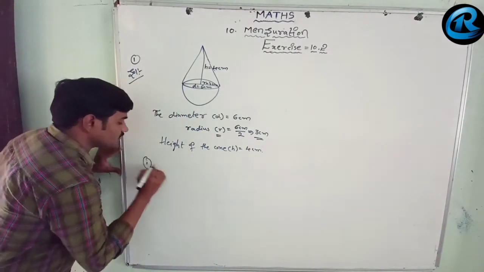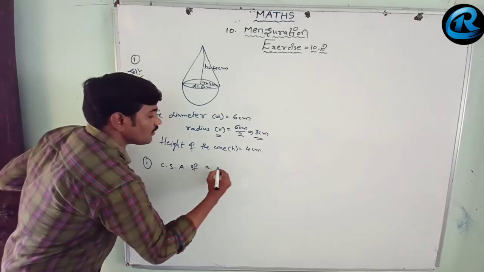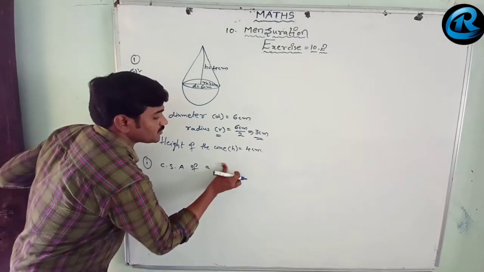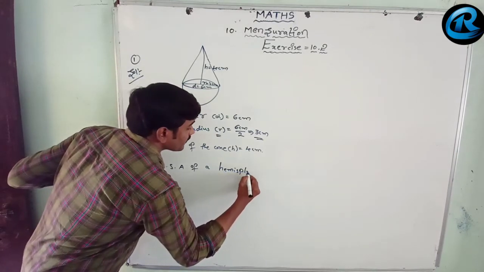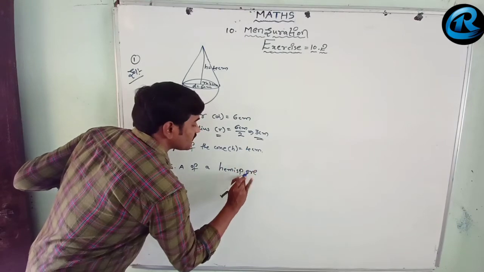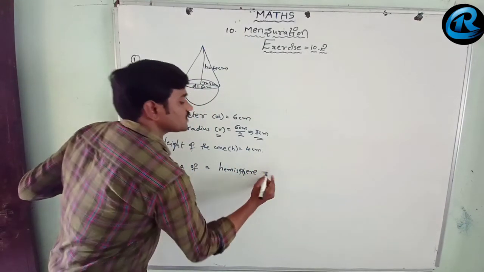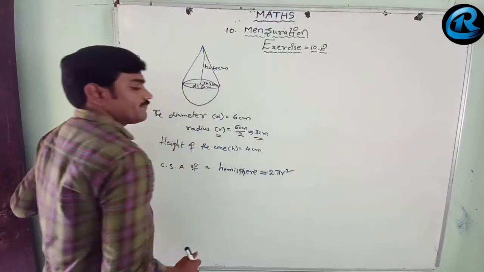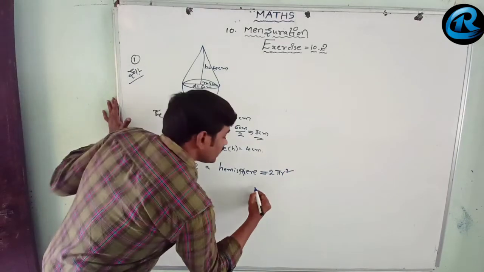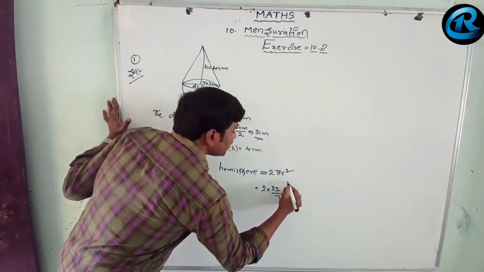First, the curved surface area of the hemisphere. What is the formula for the curved surface area of a hemisphere? That is 2 pi r square. Then here 2 into pi value, that is 22 by 7, into r square.